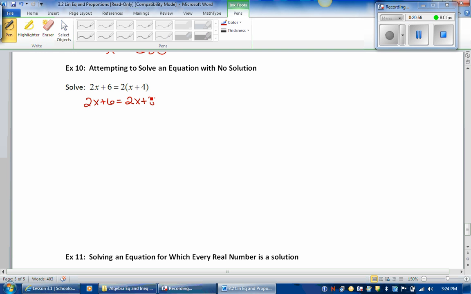You want to get all of your variables to one side and all of your constants to the other. When you do that, you lose your variable altogether and wind up with 6 equals 8, which obviously isn't true. So when you have something like this, there is no solution. And you can write it like this or like this.